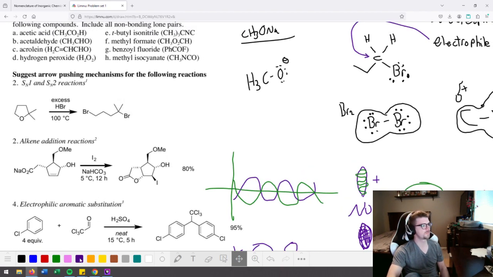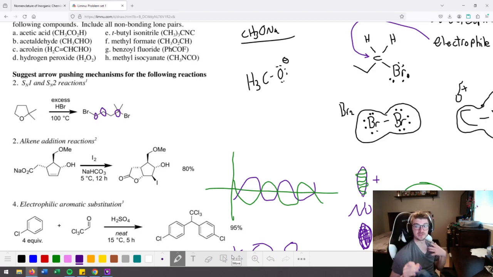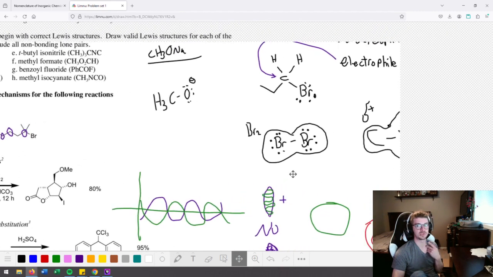So yeah, this carbon here would be an electrophile. This carbon here would be an electrophile because they're connected to bromines. This carbon is not an electrophile because it's only connected to other carbons and hydrogens, which are very close to it in electronegativity. So these are not polar bonds.